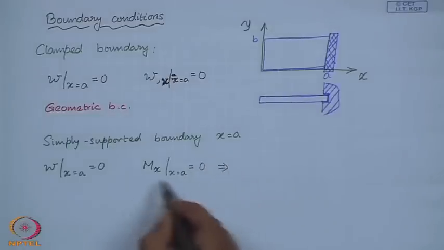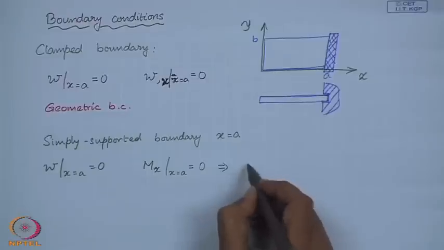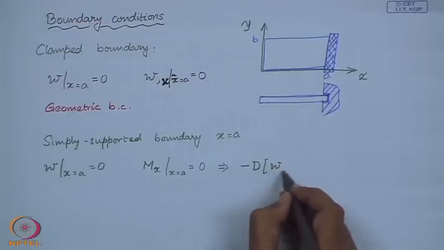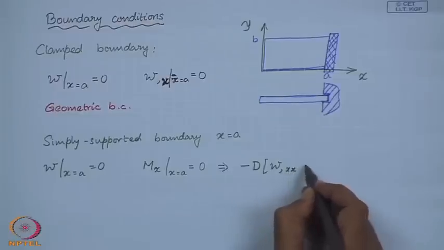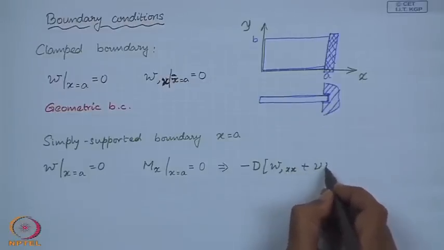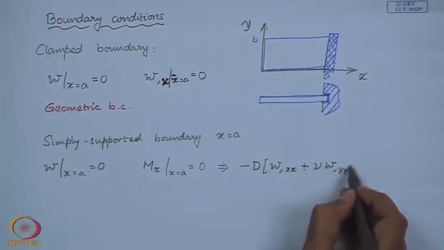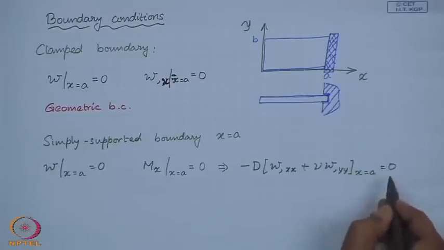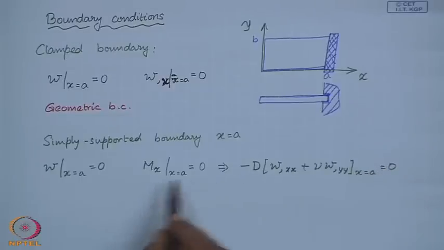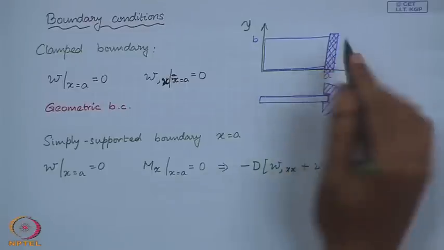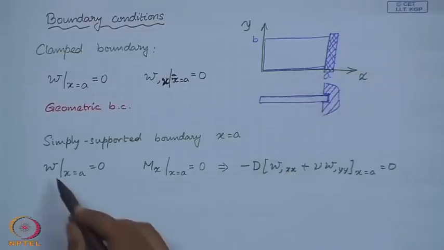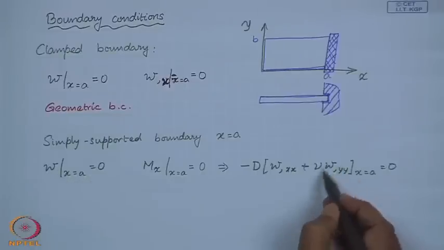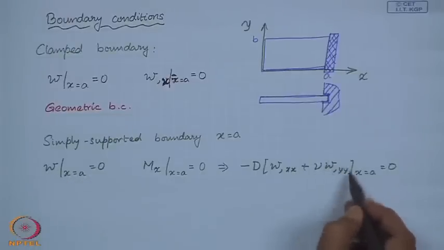So, this implies, if you use the expression of the moment, but if the edge is simply supported and is straight, so that W at x equal to a for all y is 0, then there is no curvature.